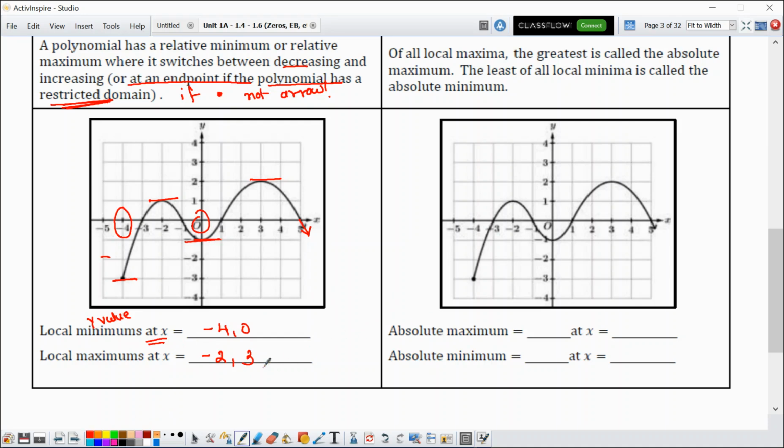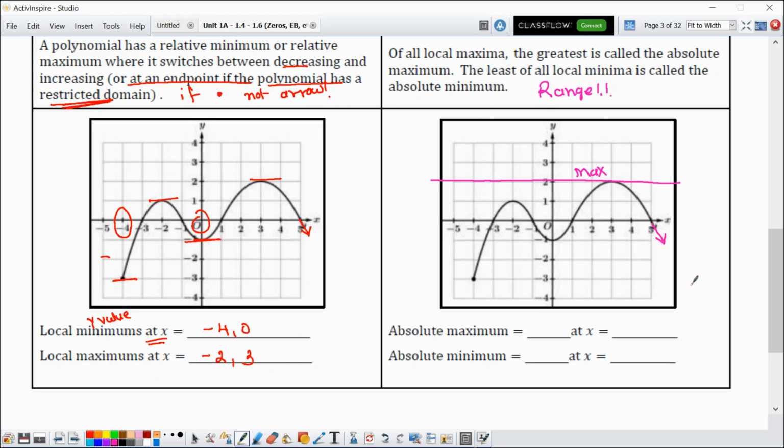So what is the absolute? Let's talk about the absolute. Absolute means the greatest of all the maximums and the least of all the minimums, and for absolute you always check the range. This is the same graph, and you can see it's going forever down. If I look at the range, this is my maximum value. There is nothing above.